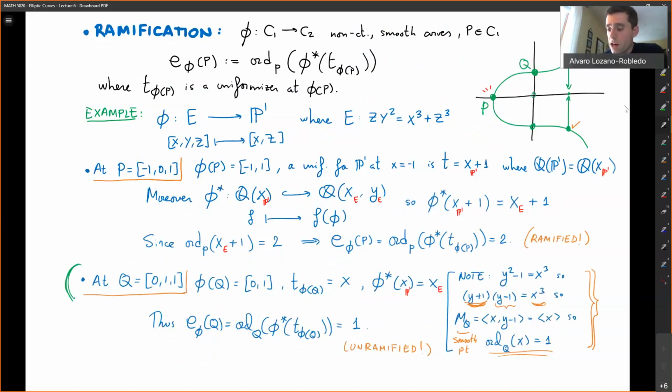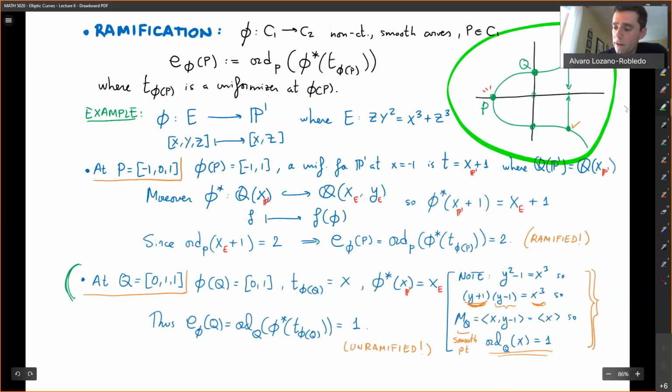All right, but a question for you, for the audience here. If you look at this graph, we've seen that there is ramification at infinity. Okay, so O is ramified. So infinity here in P1, O goes there. And then P goes to P here. Where are the other ramification points?